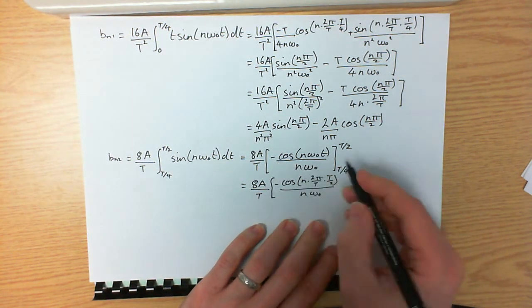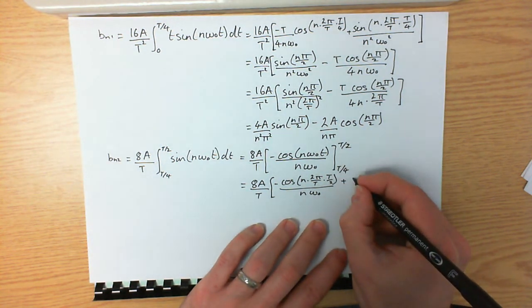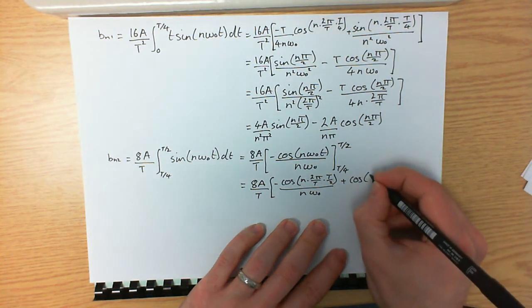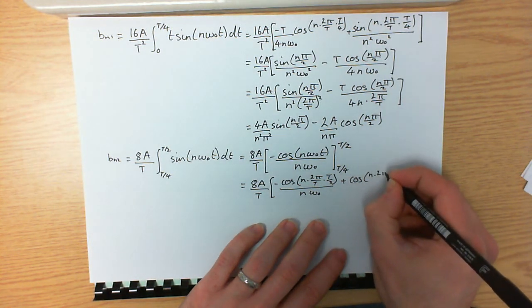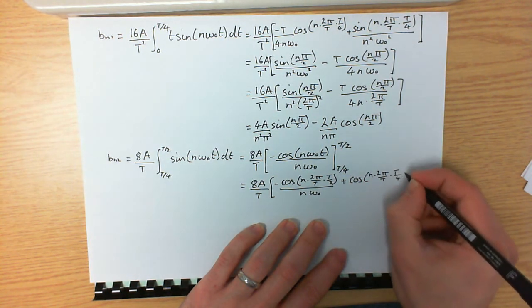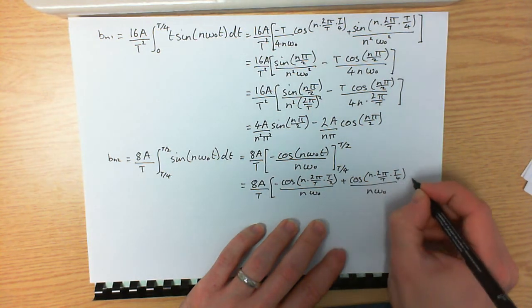Well, because we've got a minus, this is going to end up being a plus for the lower limit. So we've got plus cos of n times 2 pi over T times T over 4 for the lower limit, over n omega naught.